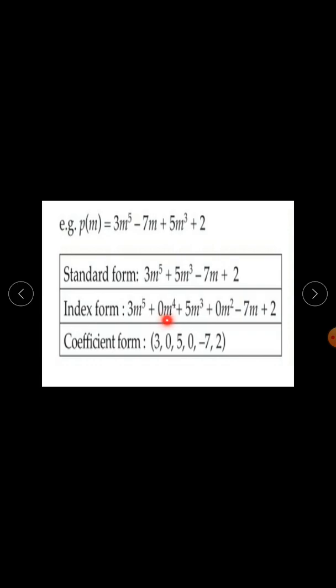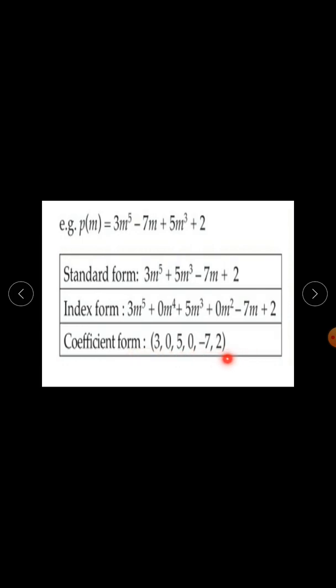Next term is 0m raised to power 4. Here the coefficient is 0, so write 0. Next term, for m cube the coefficient is 5, so write 5. For the next term the coefficient is 0, so write 0. For the next term the coefficient is minus 7, so write minus 7. And the last term is 2, so write 2.